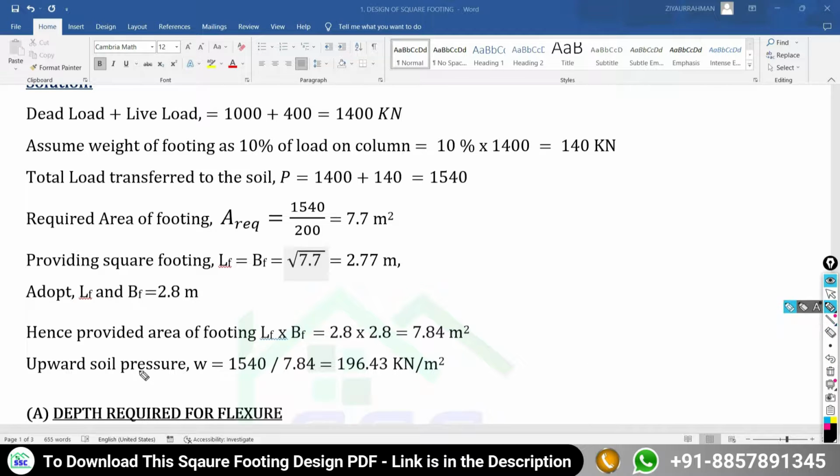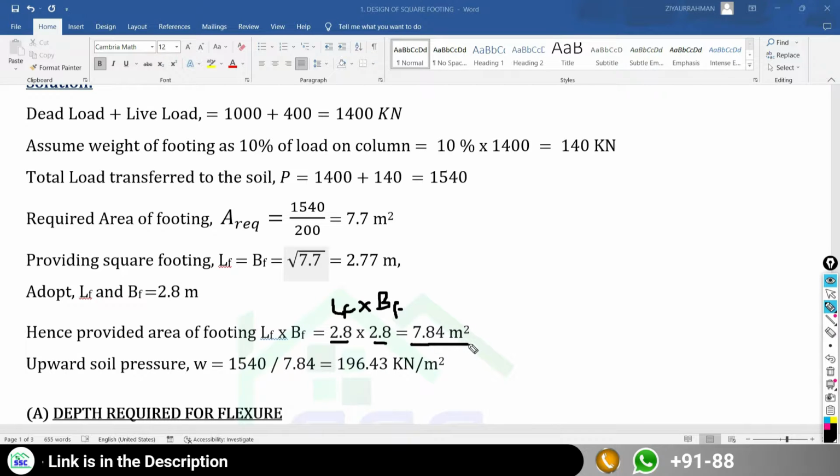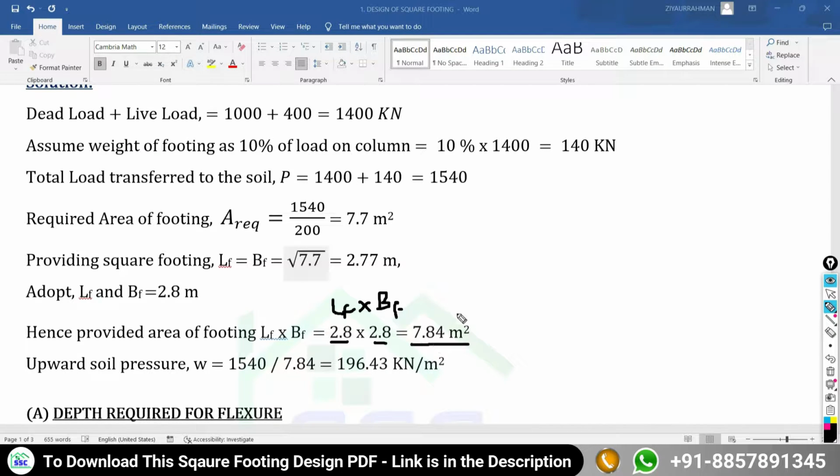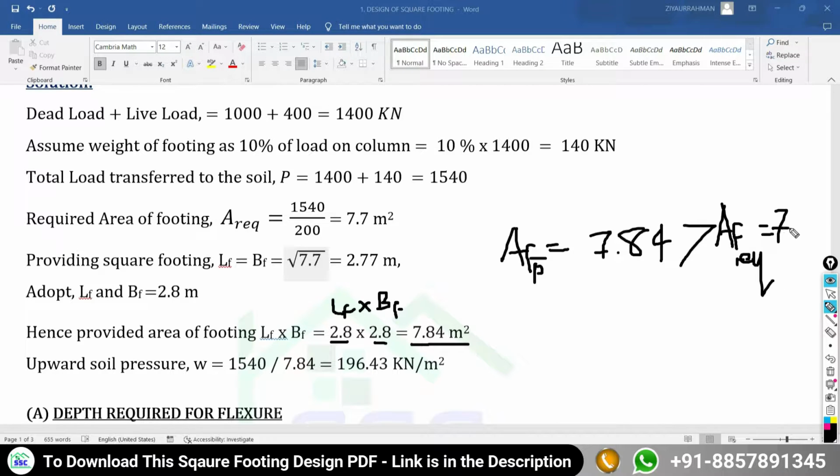And if you find out the final area of footing that we are going to provide, it will be 2.8 multiplied by 2.8, the length and width of the footing. If you take the product of this length and width, we get 7.84 meter square. So the area of footing provided is 7.84, which is greater than the area of footing required, 7.7.